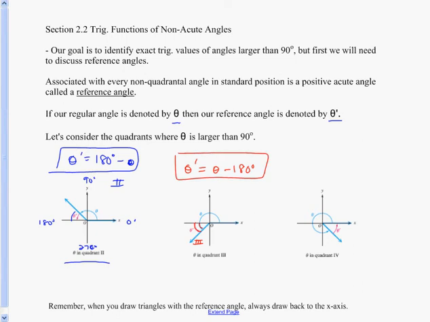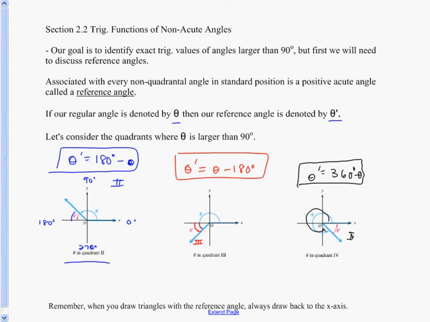Then in the last drawing, where our angle goes into quadrant 4, to find theta prime we take the 360 degrees and subtract off theta. I'm sorry it's squishing up there, something to do with the drawing board, but that's what it is. So it would be 360 degrees minus theta.